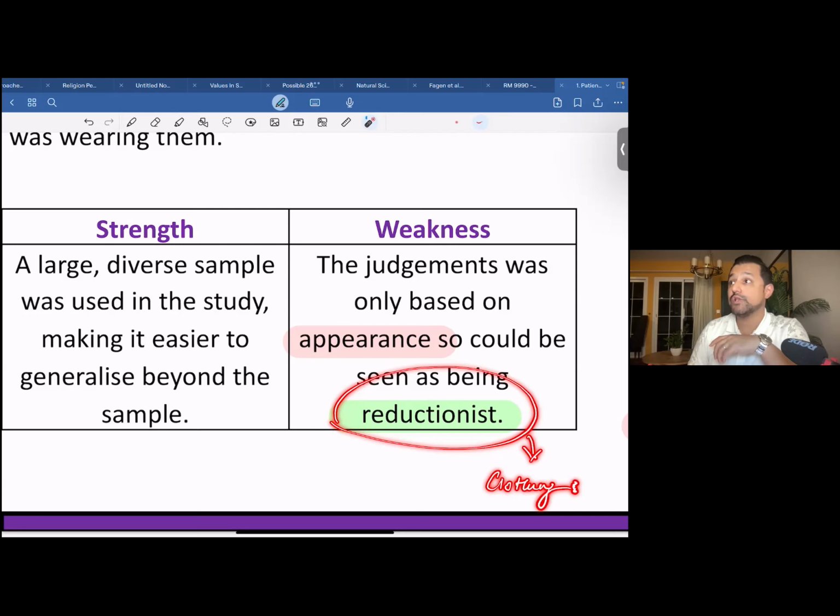Along with the clothing, there's eye contact. If you go see a practitioner and the practitioner doesn't even look at you, and is staring at a painting while communicating with you, would you like it? You wouldn't, right? Likewise, if the practitioner is sitting with a very grumpy face, expressions matter.